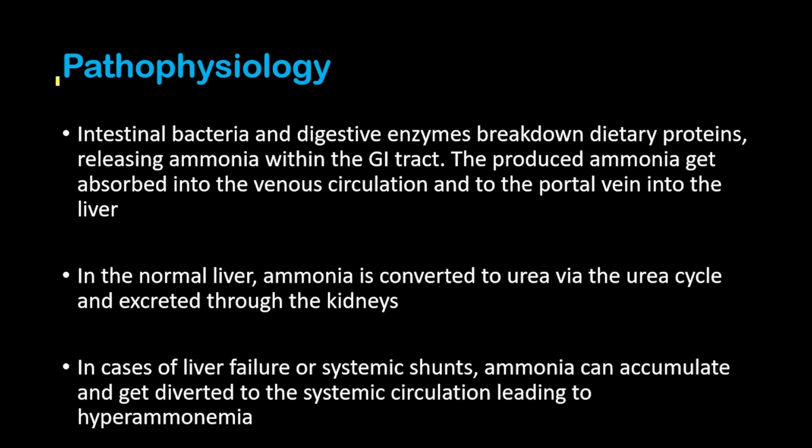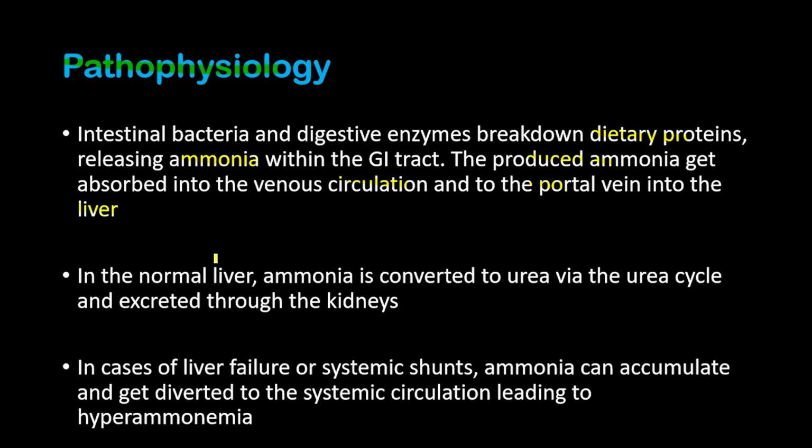Now let's talk about the pathophysiology of hepatic encephalopathy. So normally, the intestinal bacteria and the digestive enzymes break down the dietary proteins, releasing ammonia within the gastrointestinal tract, and the produced ammonia gets absorbed into the venous circulation to the portal vein and into the liver.